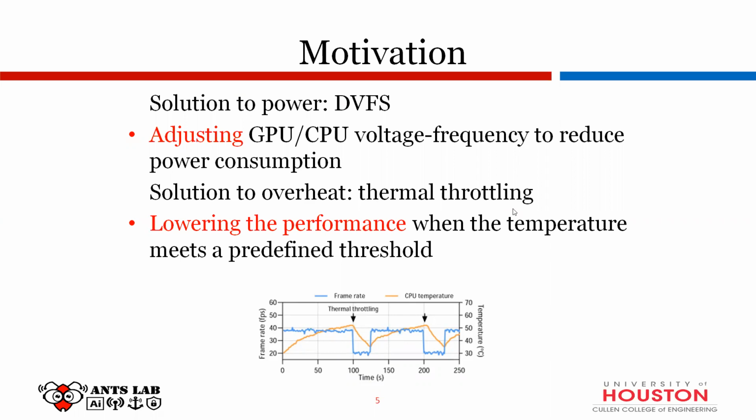You have to lower the frame rate to cool down the device, so the application will run very slowly. In that way you can cool down the device. This is why we don't want the temperature to exceed a predefined threshold, because the performance will degrade.